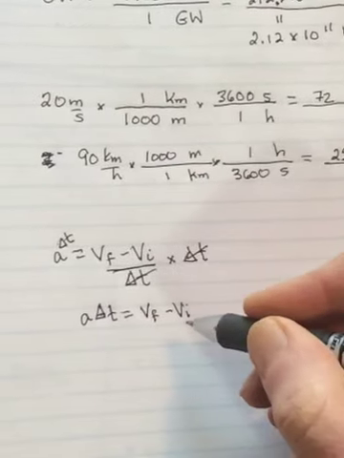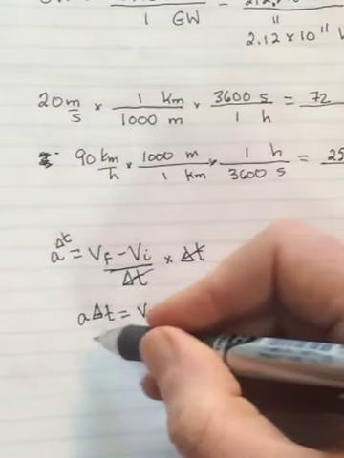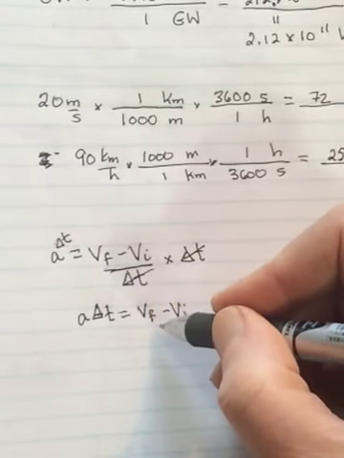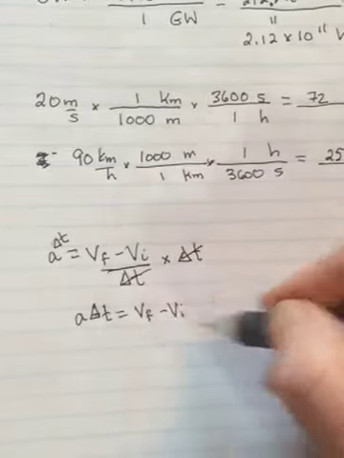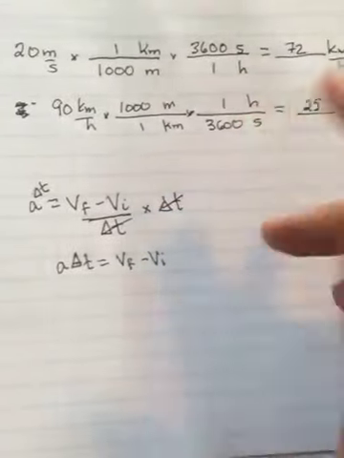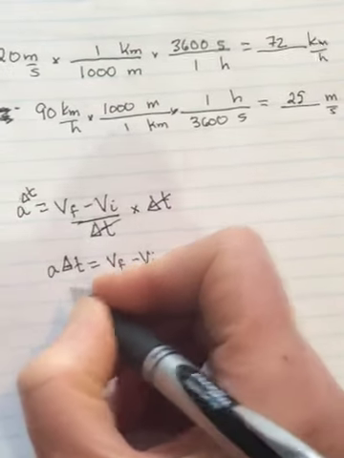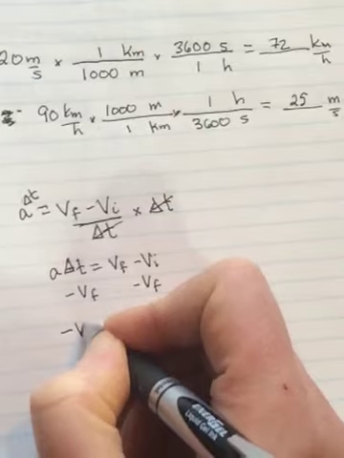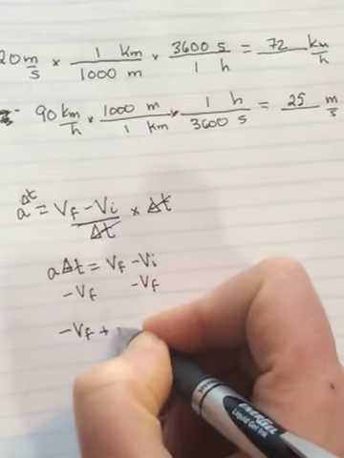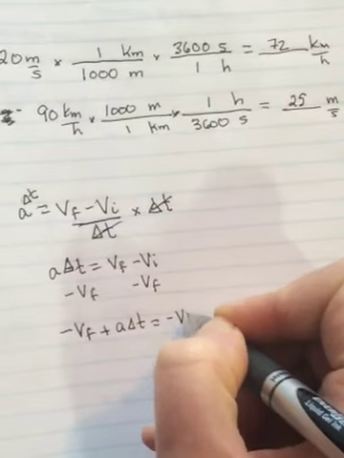Okay, and so now I want to get VI by itself. It's a negative. I might be tempted to add it to this side and subtract the A delta T. Or if you want, subtract the VF and then you can multiply everything by negative 1. If you subtract the VF from both sides, you will have negative VF plus A delta T is equal to negative VI.